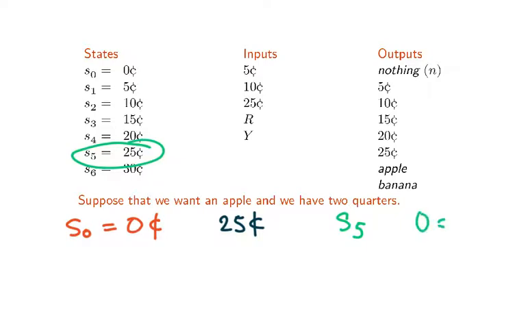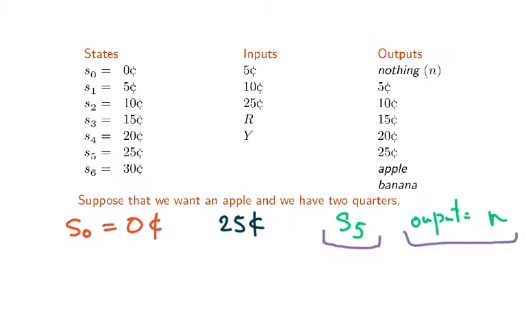If you put 25 in this machine, you get nothing, right? So let's put N, we get nothing. That will be the output in this case. So observe the 2 different things that we have here. One is the next state, and another is the output, they are different things, right?